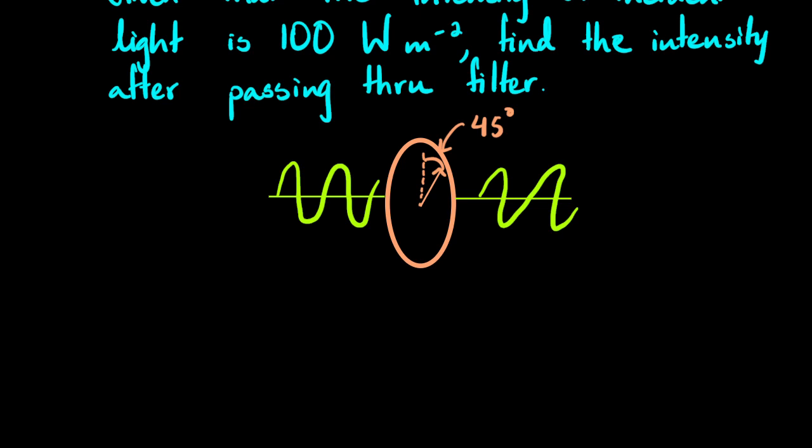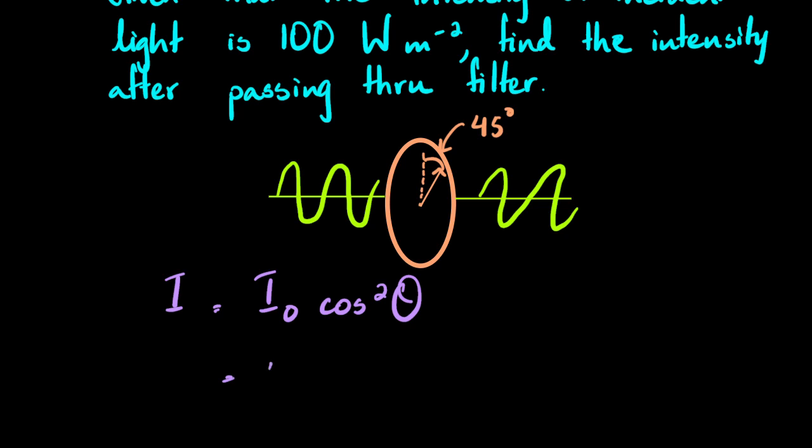So we know that we have to find the angle between the incident light and the transmission axis. Here, as the light which was incoming was vertically polarized, the angle from the vertically polarized light to the transmission axis is going to be 45 degrees. So then I can just go ahead and use Malus's law: I equals I naught cos square theta.